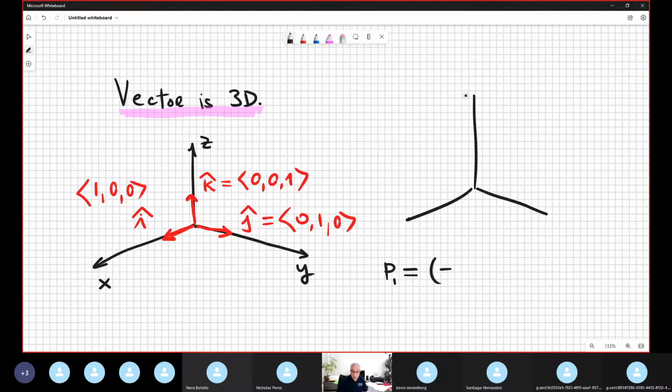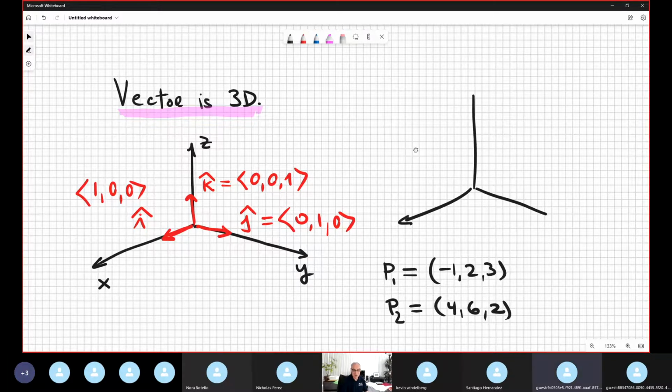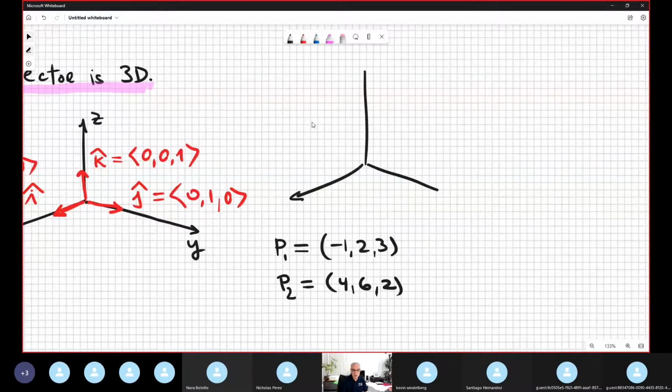It is -1, 2, 3. And P2 is 4, 6, 2. And you plot the point. How do you plot the point? It's not easy to see on the whiteboard. However, I created the GeoGebra to see that, but that's not important. You'll see it after.